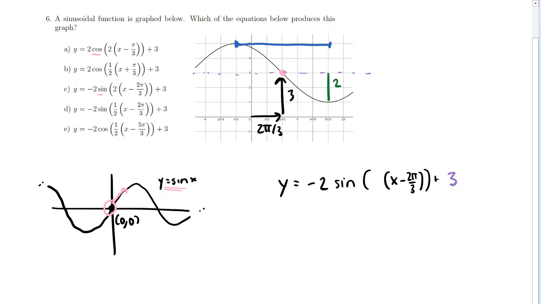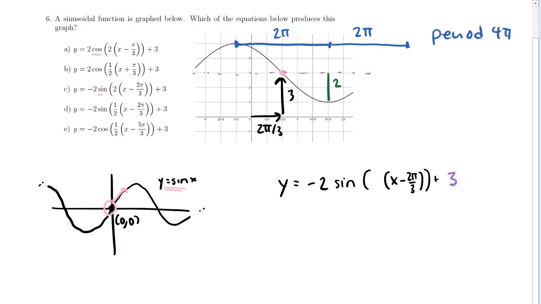This distance is from negative pi over 3 to 5 pi over 3. That's 6 pi over 3, in other words 2 pi. That's not the period, that's half the period. To end up back at another peak, we'd have to go 2 pi further. So really the period is 4 pi.